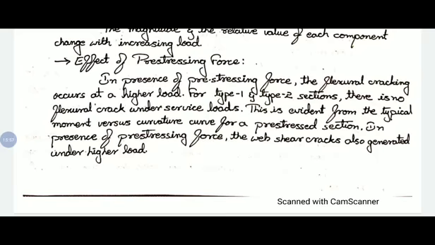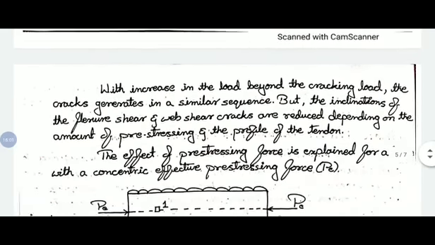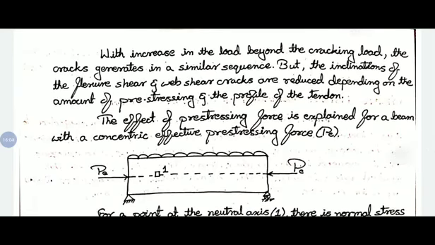When we increase the load beyond the cracking load, that is the load when the beam just starts to crack, obviously the cracks will generate as in the case of type 3 sections only, but the inclinations of the flexural cracks and web cracks are reduced depending on the amount of pre-stressing and the profile of the tendon.